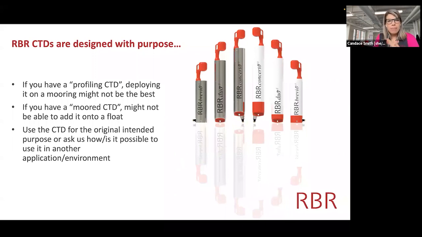So I'm putting this out there as a PSA, like really use the CTD for the original intended purpose. So like if you are calling up and you know I'm going to be in the Antarctic and I want to deploy it through an ice hole, et cetera, et cetera, et cetera. I want all these features and functions to it. And then you're trying to deploy in a different type of situation, just call up your sales rep or support and just ask, you know, is it possible to use it in a different way? Because they are very much designed with purpose in mind.